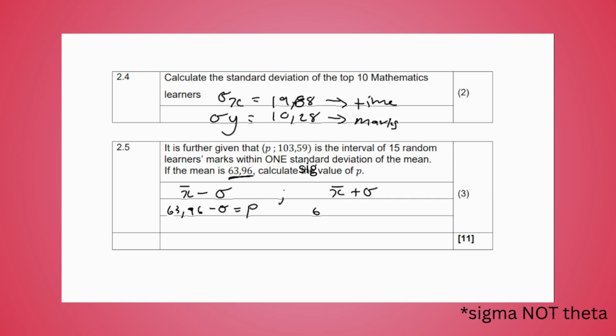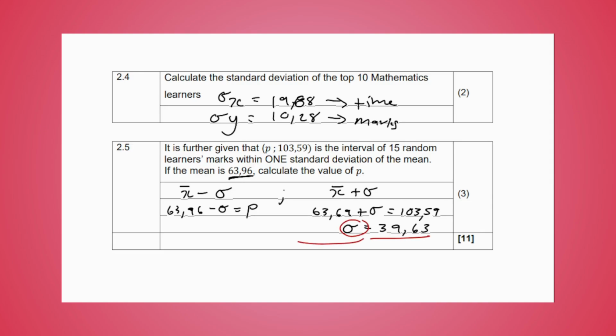Then the mean 63,96 plus your standard deviation should give you the upper bound of the interval, which is that. So you have two equations. Then you can solve for the standard deviation by subtracting, and then you plug this value in there.